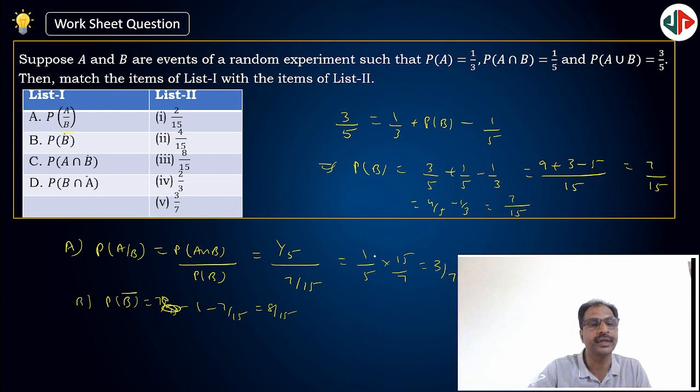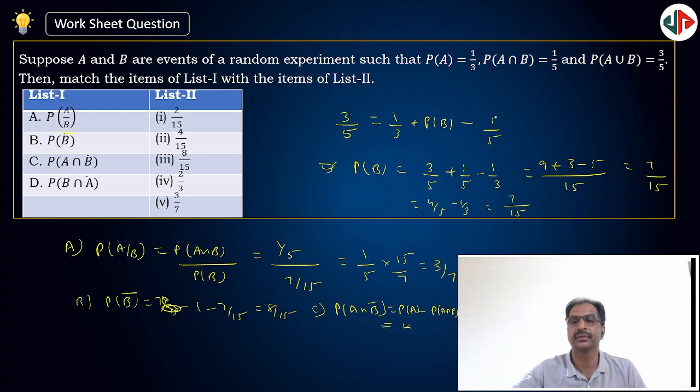Next, P of A intersection B bar. The formula is P of A minus P of A intersection B. That is equal to P of A, which is 1 by 3, minus P of A intersection B, which is 1 by 5, which is 2 by 15.